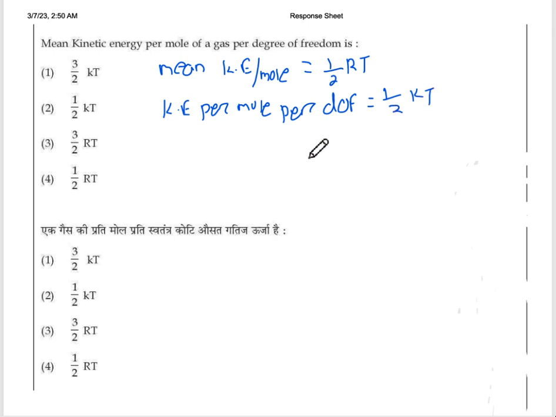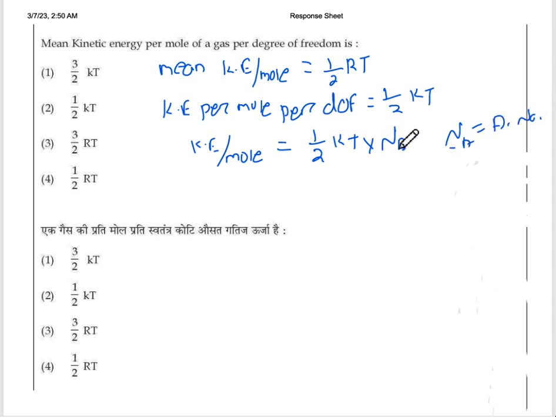So kinetic energy per mole will become half kT into Na, where Na is known as Avogadro's number.